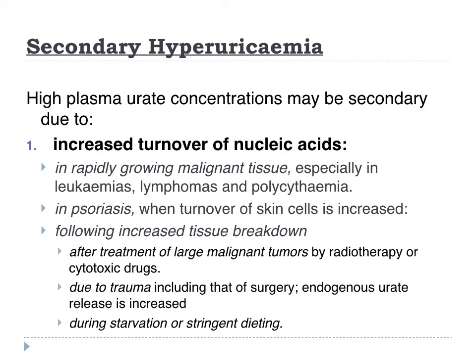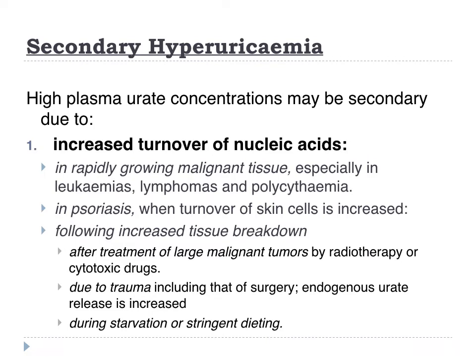For example, any cytotoxic drugs taken will lead to destruction of tissues, destruction of tumor. These high cytotoxic drugs lead to increased turnover of tissues, increased turnover of nucleic acids and thus increased urate metabolism.